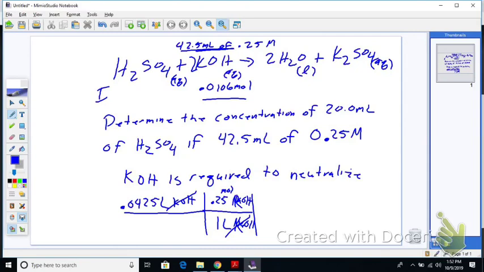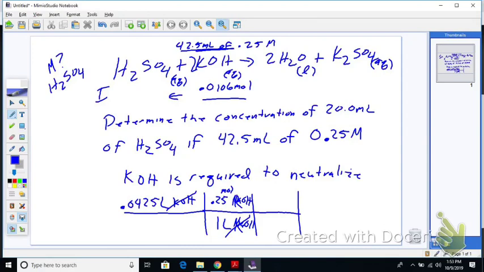Okay, so it wants to know the molarity of this solution. So I want to know the molarity of H2SO4, the concentration. Okay, so now what we do is we do a middle step, and it's a mole-to-mole ratio. So what's the mole-to-mole ratio? How many moles would we have to have of H2SO4? So if we were doing the ICE, we would say 0.0106 moles of KOH.